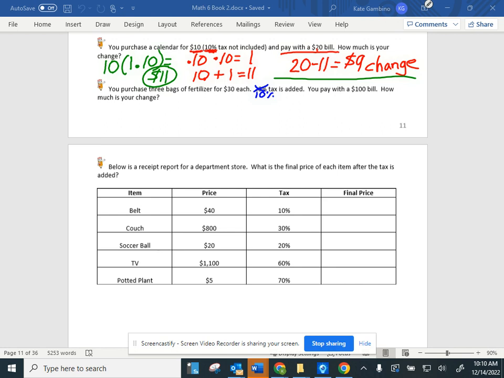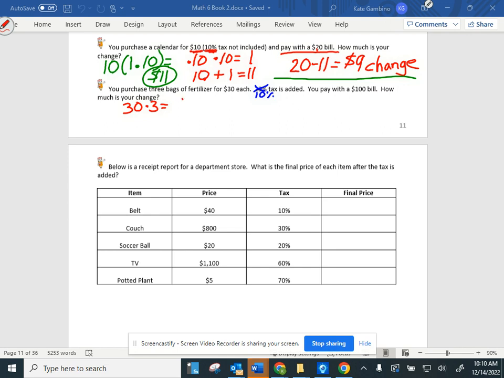You purchase 3 bags of fertilizer for $30 each. So what is my subtotal before tax? If it's $30 for 3 bags of fertilizer, Luciana? 30 times 3. Yeah, I have to do 30 times 3 because there are 3 bags. So it's $30, $30, $30.